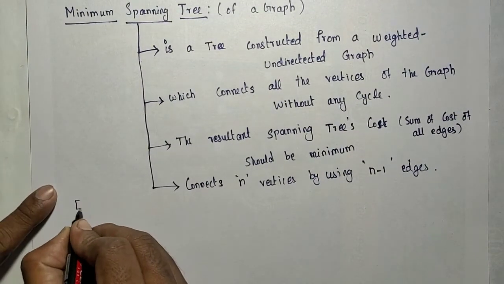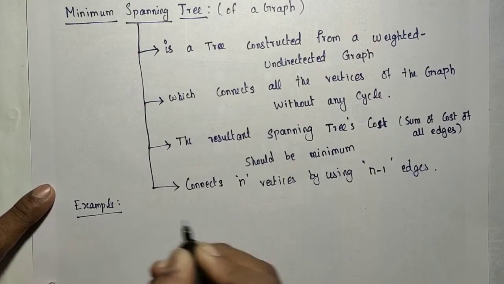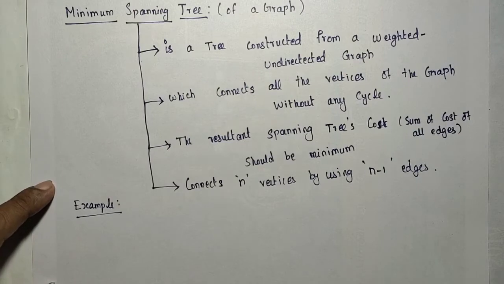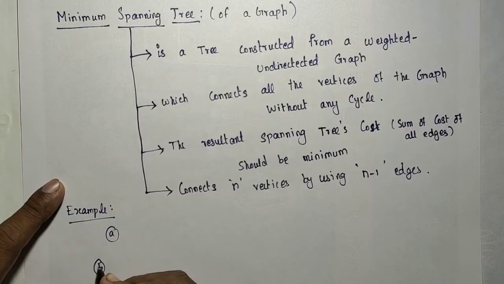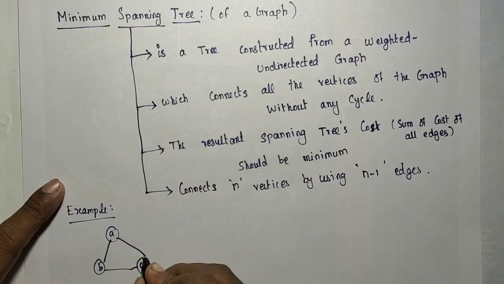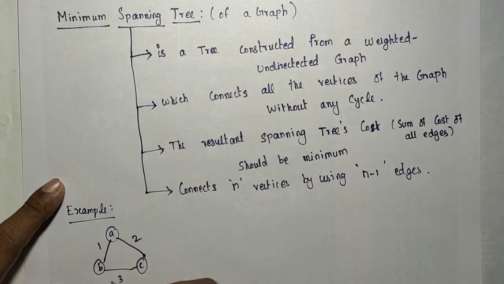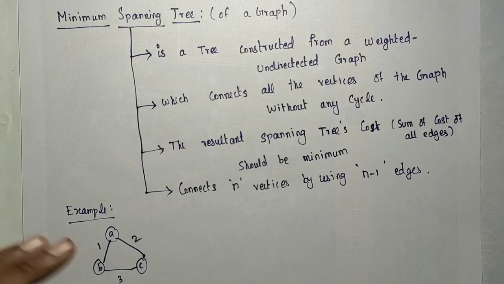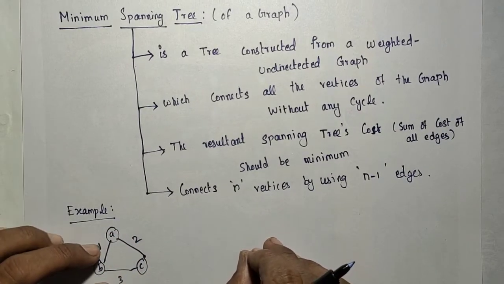So example, if you are considering A, B and C, this is a simple graph. The costs are 1, 2 and 3. So what are all the possible spanning trees we can construct? Spanning tree means connecting all the vertices by using the minimum number of edges without a cycle.